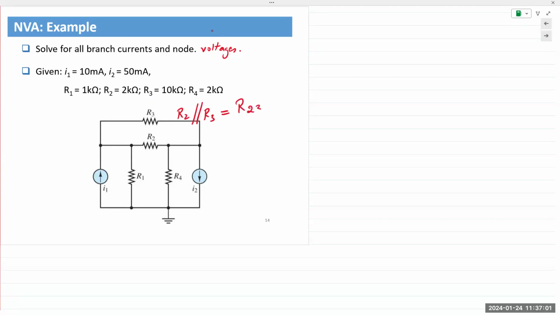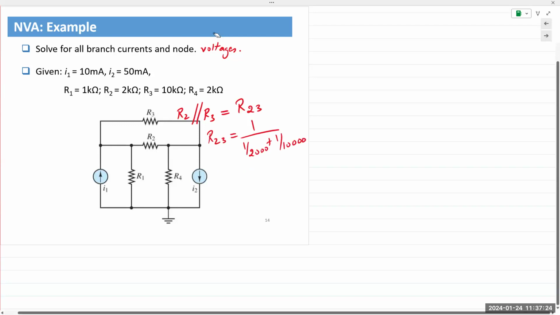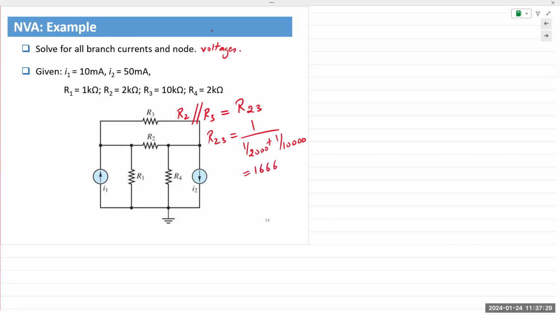I'm going to note them as R23, and R23 would have a value of 1 over 1 over 2000 plus 1 over 10,000. So what is the answer to this? I think it is 1,666.667 ohms. So even before actually applying node voltage analysis, we have reduced that circuit.